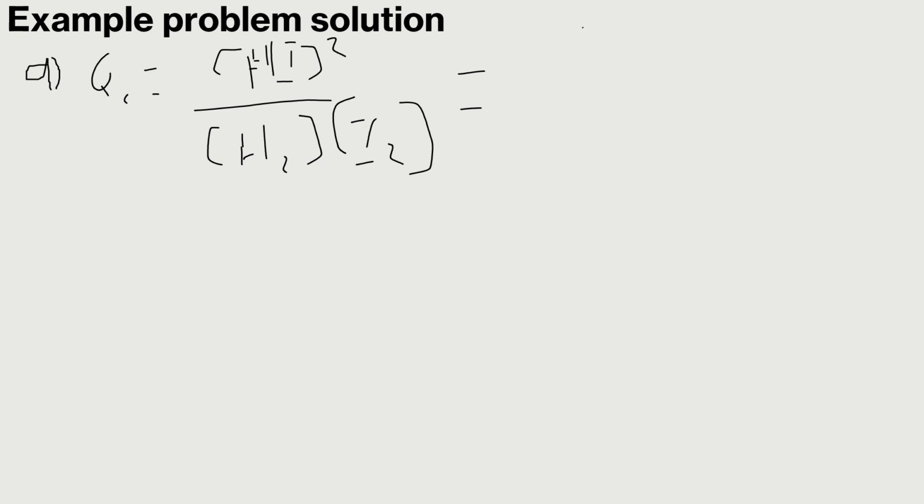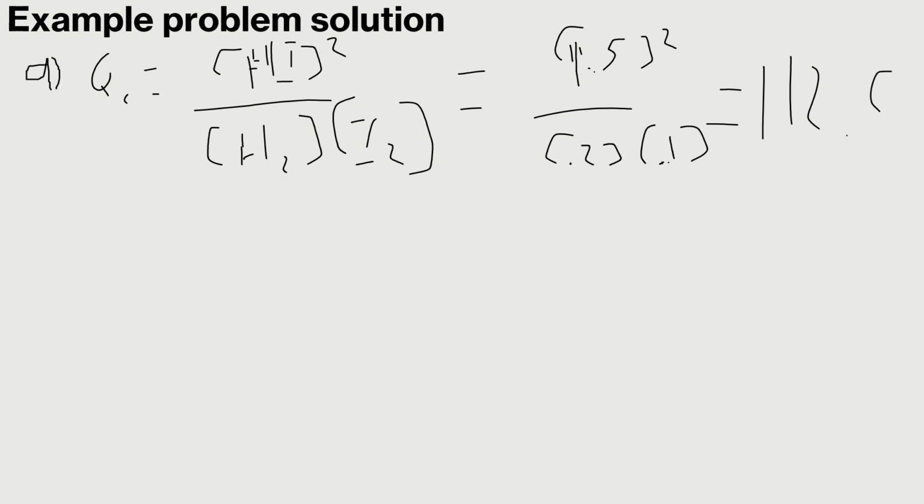Essentially, we know that this is 1.5 squared divided by 0.2 times 0.1. Plugging this into the calculator, you should get 112.5 as the value for the reaction quotient.